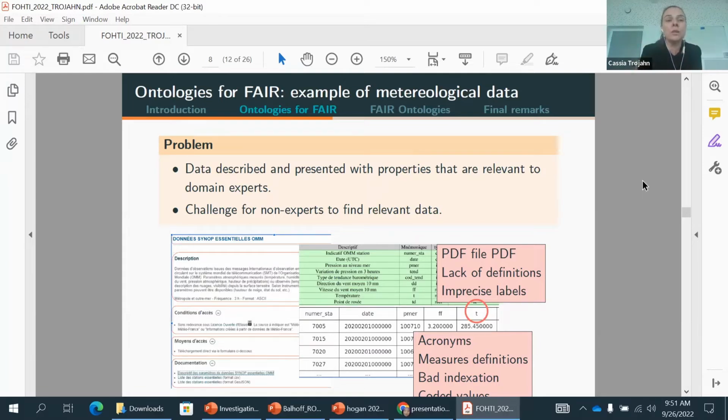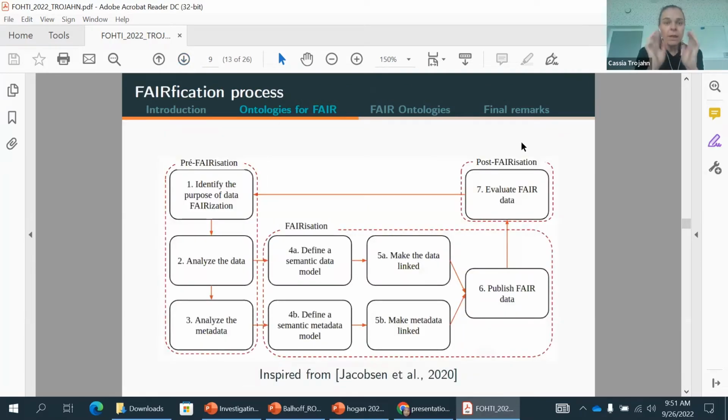Then you have been working with this official data provider in France in order to improve interoperability, in order to improve the description of this data using ontologies and domain-specific ontologies. So you can go to the next slide, please. And then you have been working on the process of verification of this data.